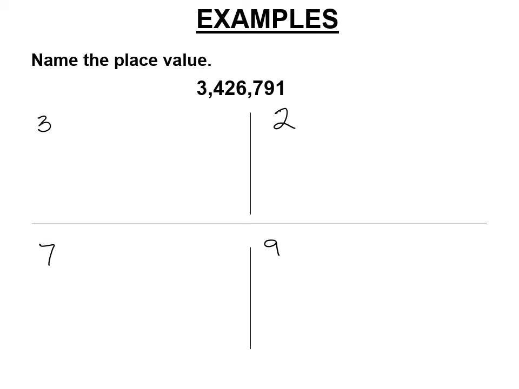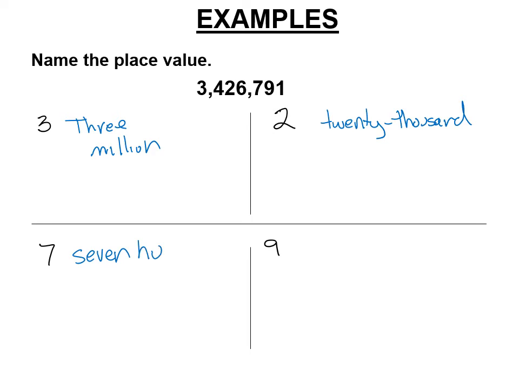All right, so tell me what the value of the 3 is. Hopefully you're saying, well, that's 3 million. What's the 2 worth? That's worth 20,000. 7 is worth 700.